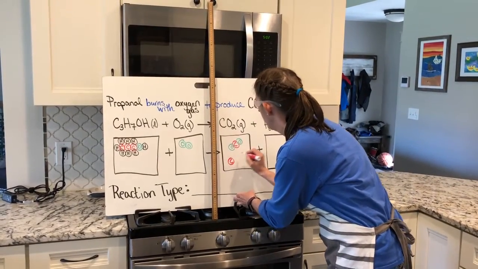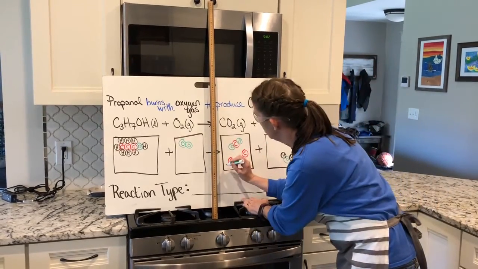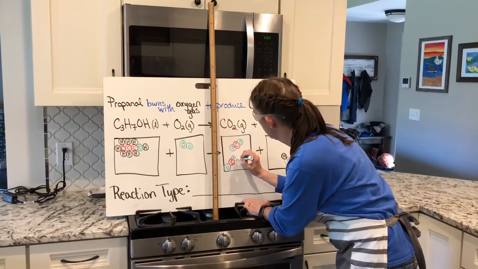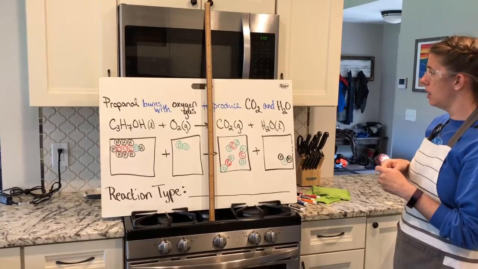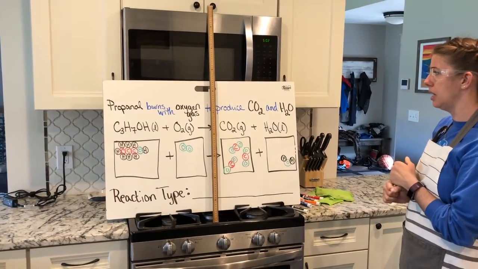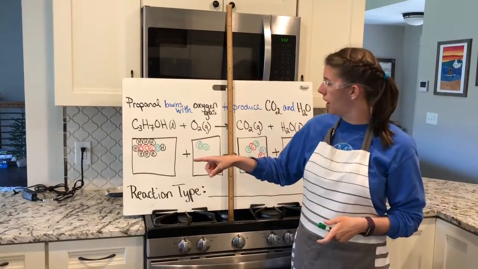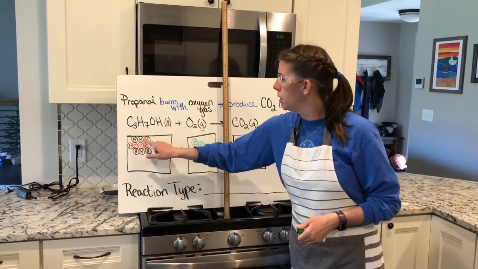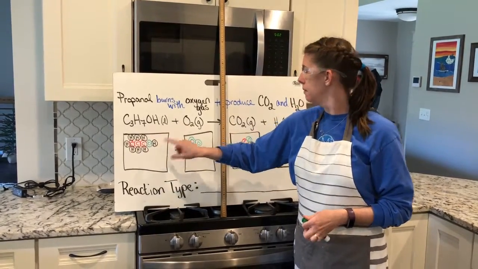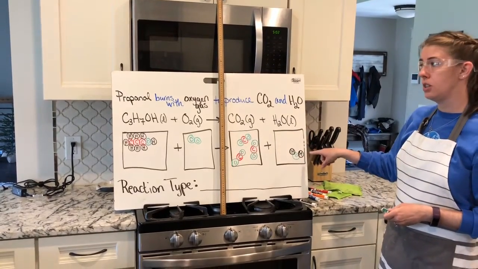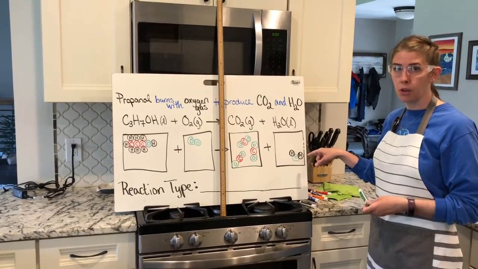And how about if we take a look at hydrogens next? On my hydrogen side, I have 1, 2, 3, 4, 5, 6, 7, 8. So I have 8 hydrogens on this side, so I'm going to need 8 hydrogens on this side. So how many total water molecules am I going to need to draw? If you're thinking 4, you're right.